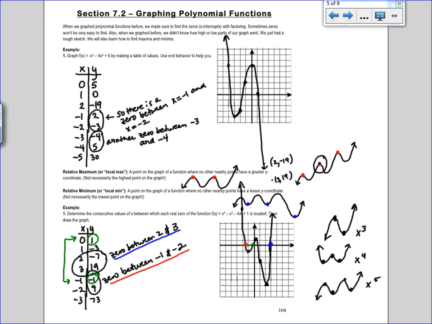And it looks like I have another one between 0 and 1. Let's check that one out. Yep, it goes from positive to negative there as well. So there are 4 zeros: between 2 and 3, between negative 1 and negative 2, between 0 and 1, and between 0 and negative 1.